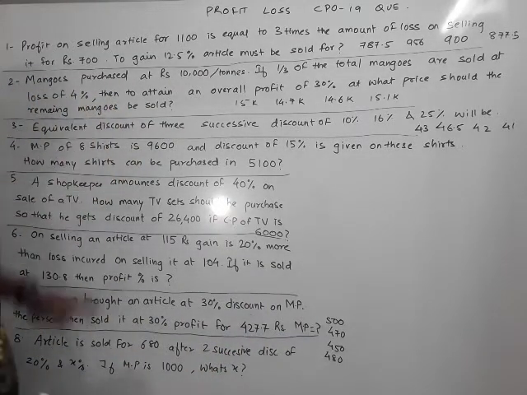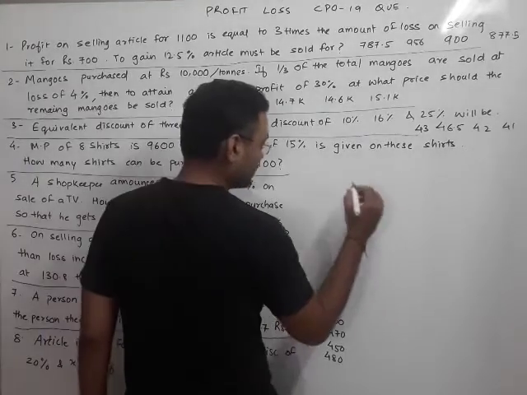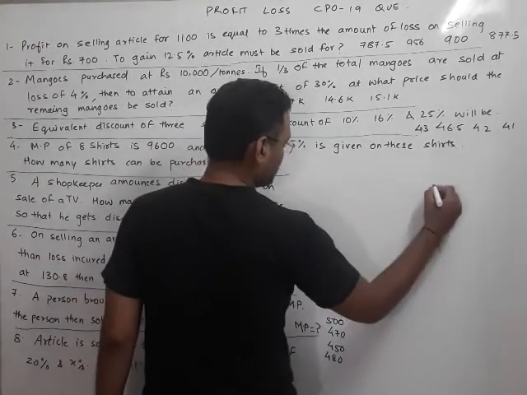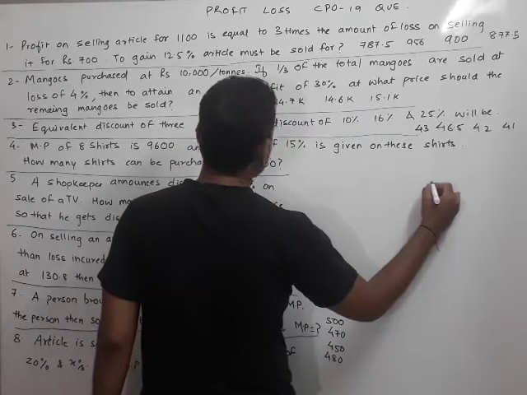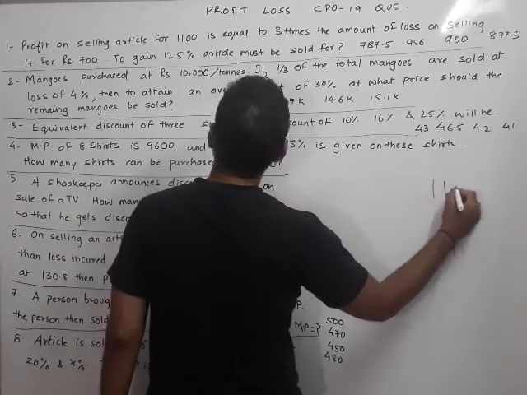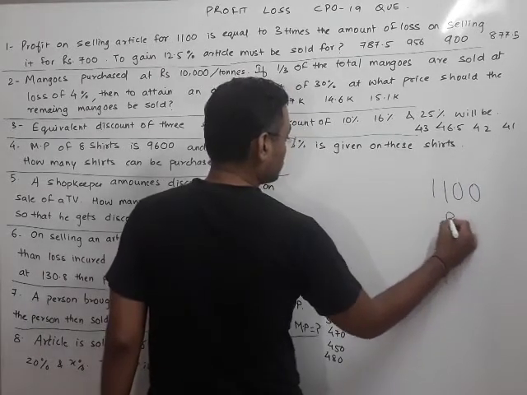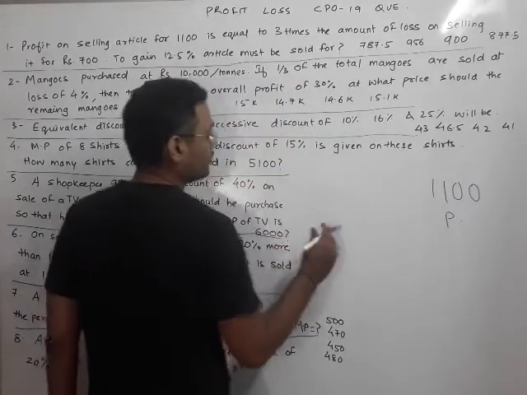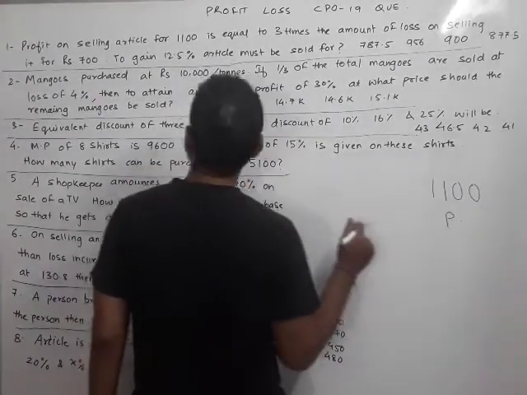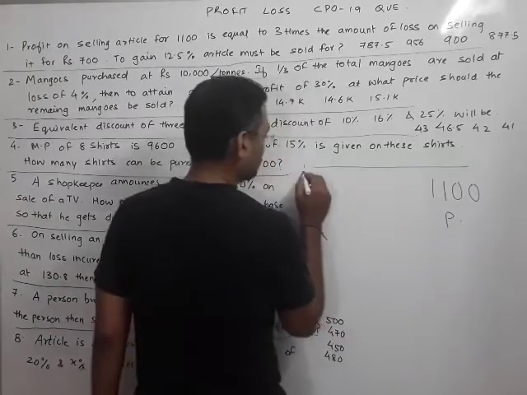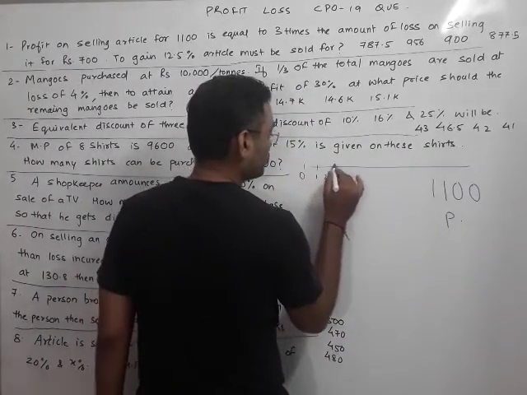Profit on selling an article for 1100. This is the same logic you have to use. Let's say this is my 1100, this is my profit, and let's say this is a number line, 0, 1, 2.